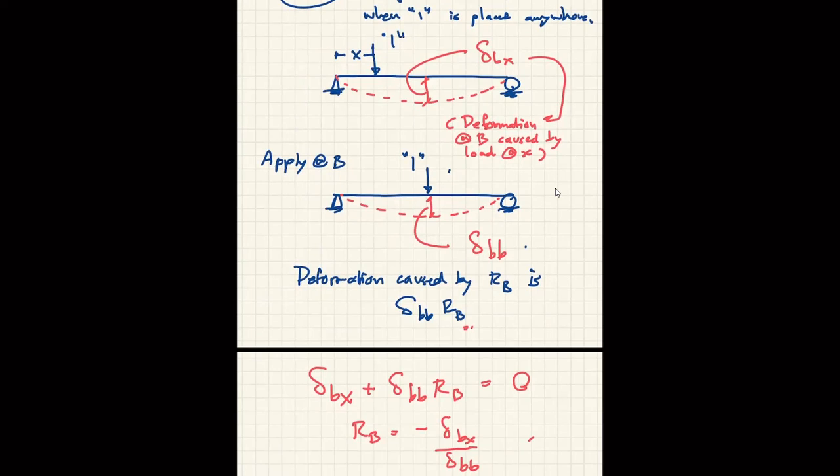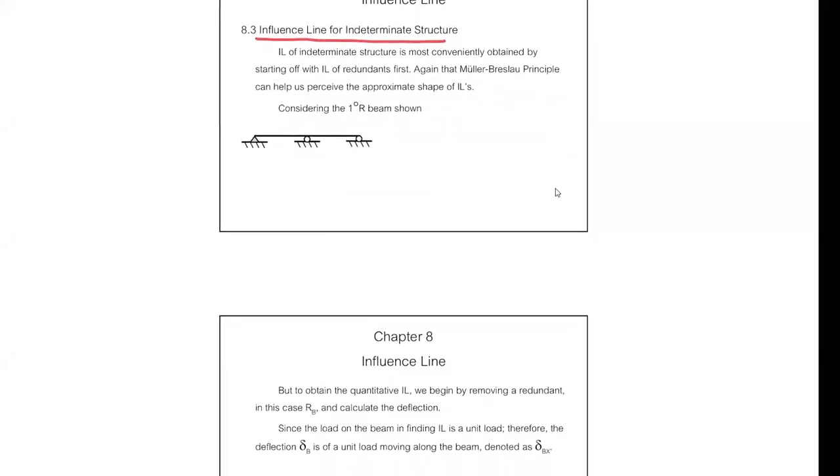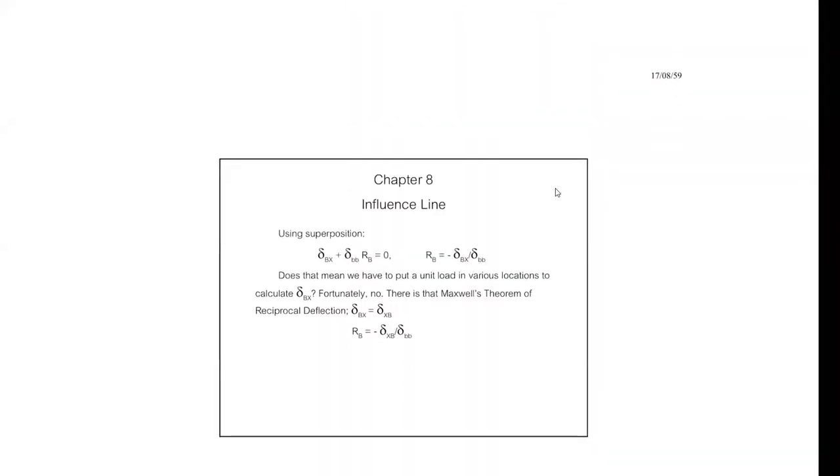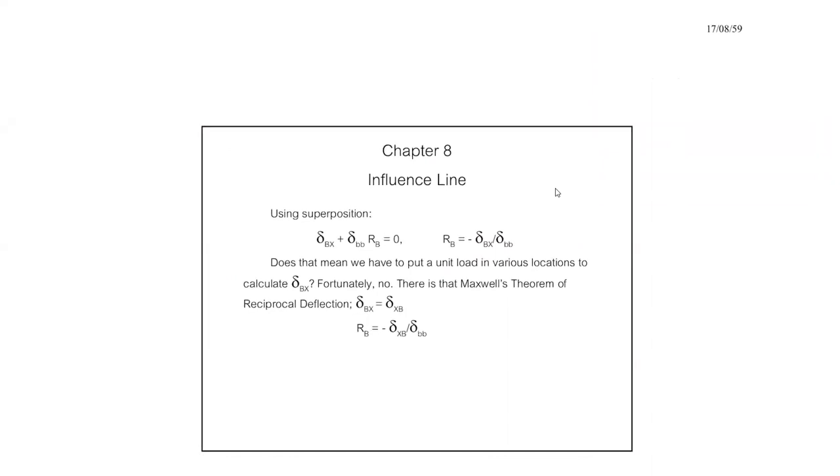Another thing is that, do we have to move the load and calculate this all the time? Luckily, no, because let's go back to the handout. I have shown you that in the end, RB is equal to, sorry, here, not that one.